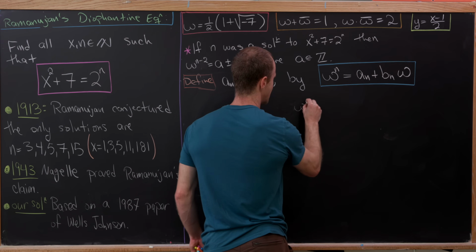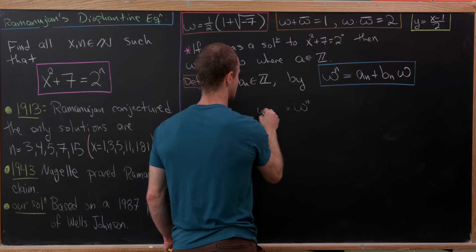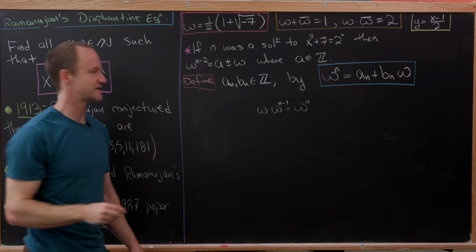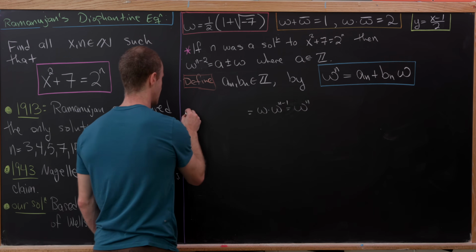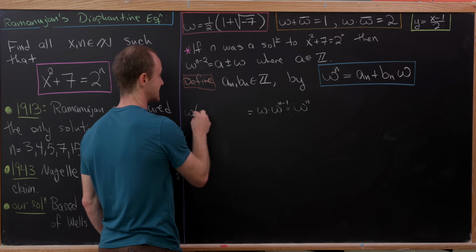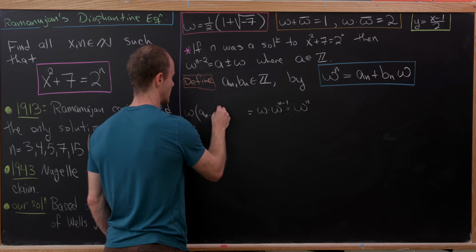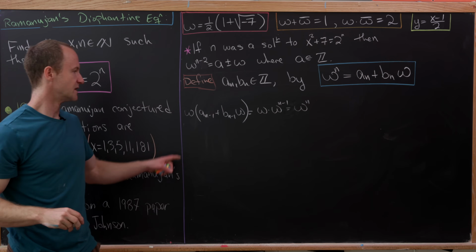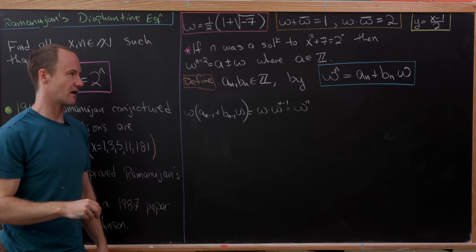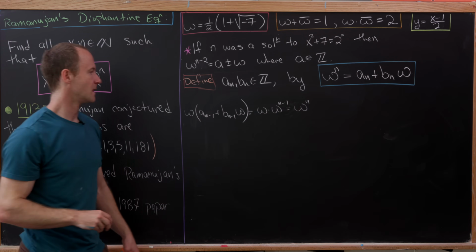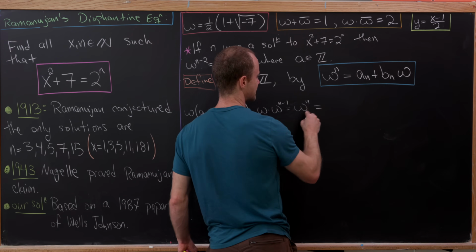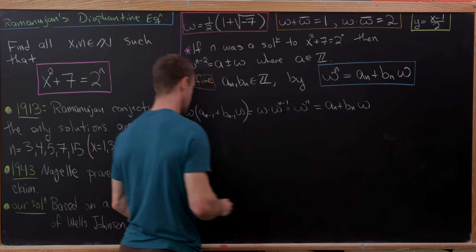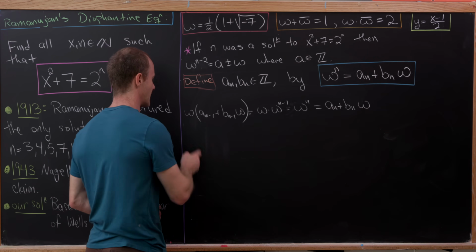Well, let's notice that omega to the n is the same thing as omega times omega to the n minus 1. I think that's pretty clear. But then that's going to be the same thing as omega times a sub n minus 1 plus b sub n minus 1 times omega, just by the way that we're defining our a sub n and our b sub n. Okay, but then over here, this omega to the n is a sub n plus b sub n omega. Okay, now what can we do from there?